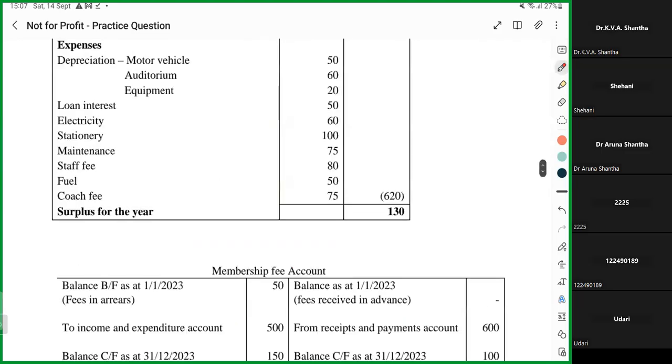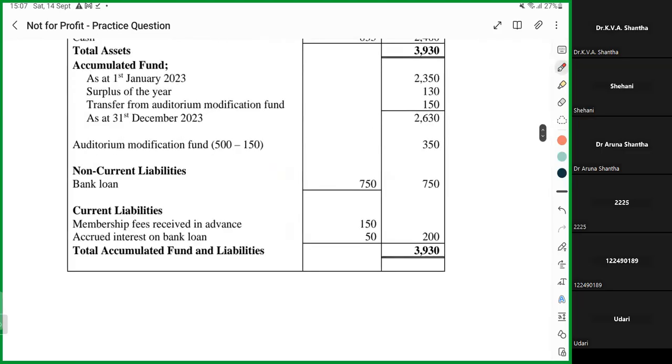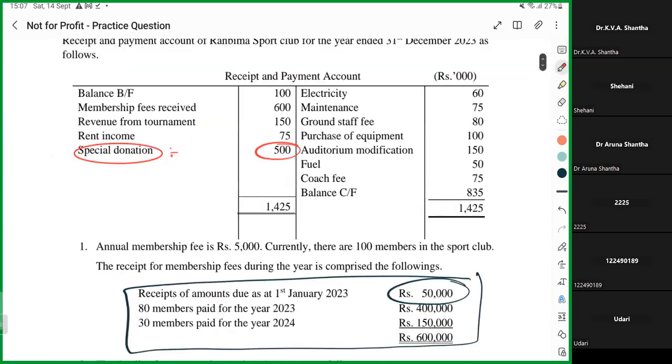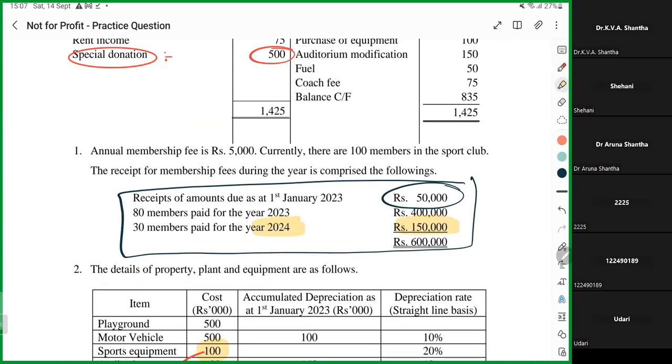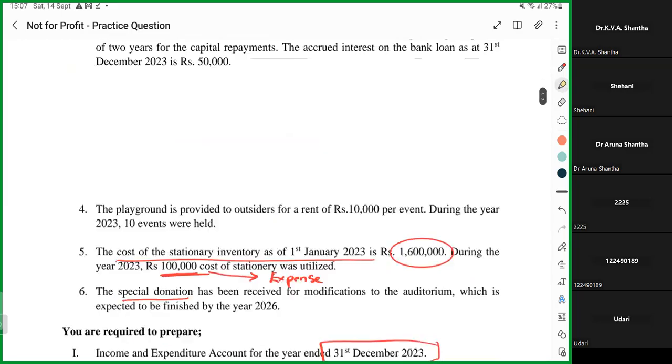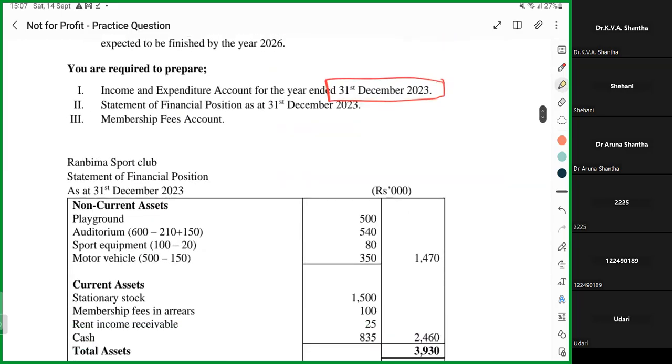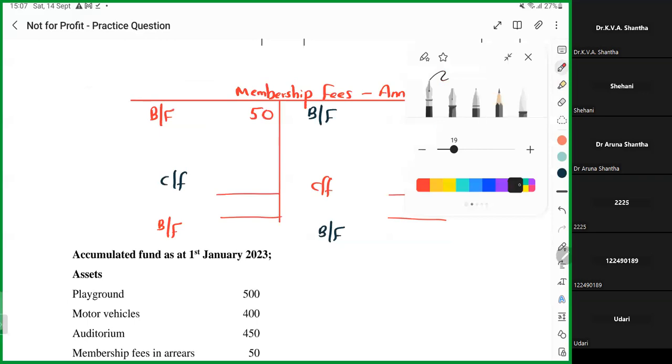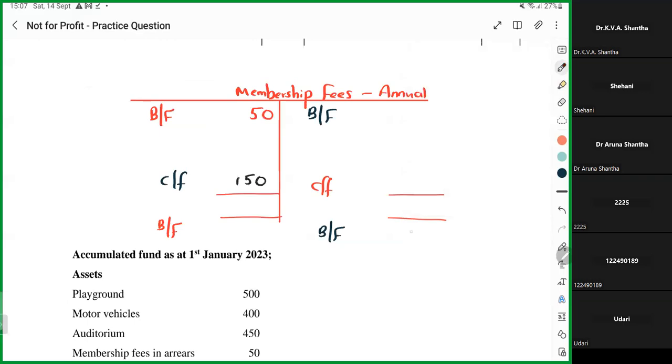In addition, you see members paid 150 for the next year. So asset or liability? You pay for the next year. So from the sports club point of view, this is a liability. This is a membership fee received in advance. So 150 is a liability, a credit balance at the end of the year.